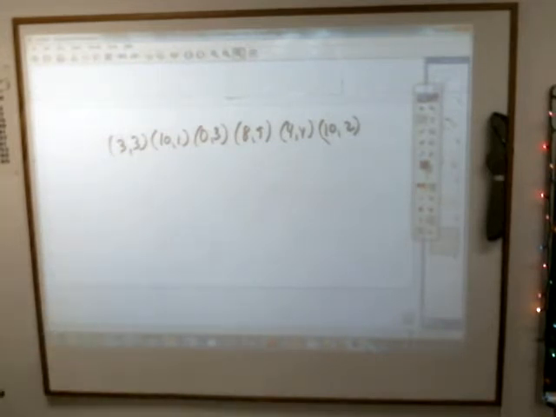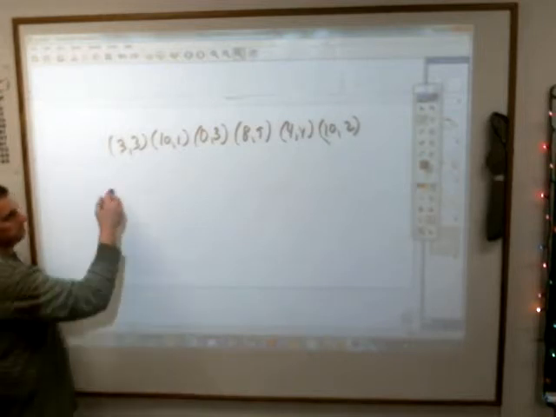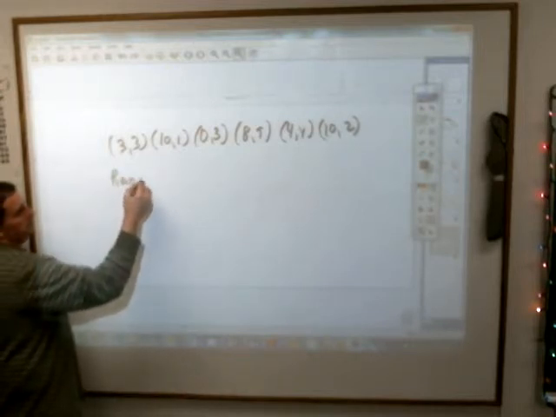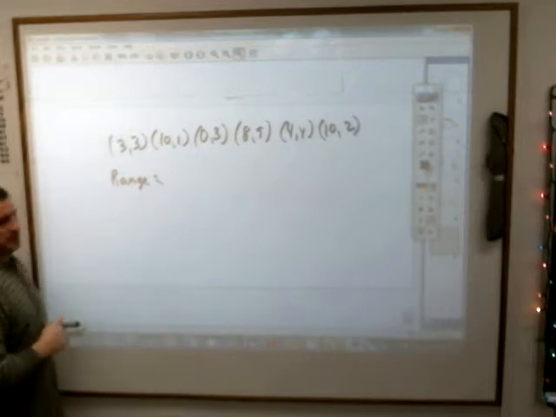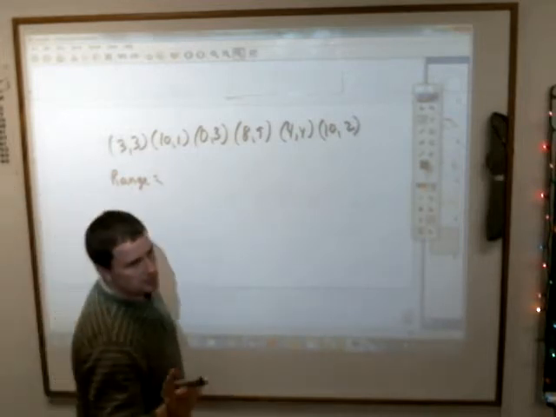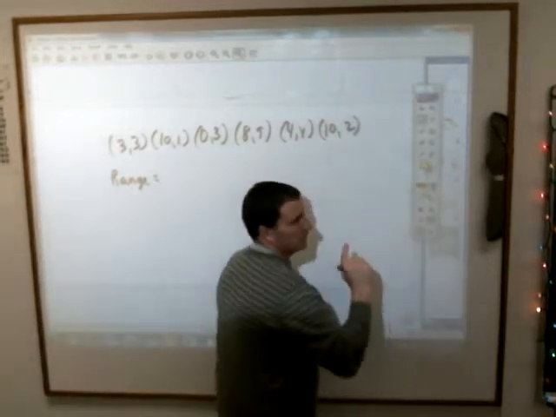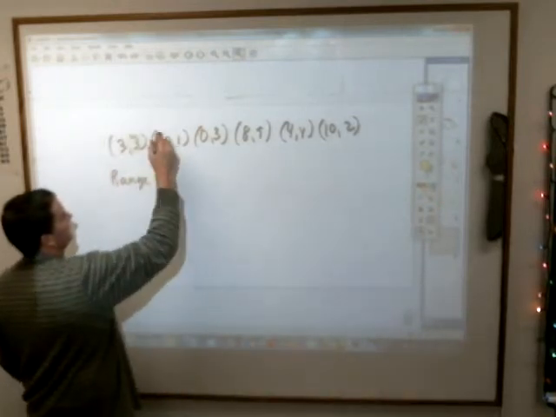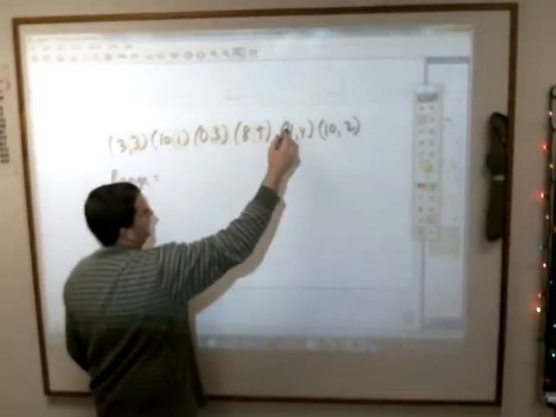First things first, if I asked you what the range was, what did we say the range was? The range was all of the y numbers. So all of these y numbers are the range.